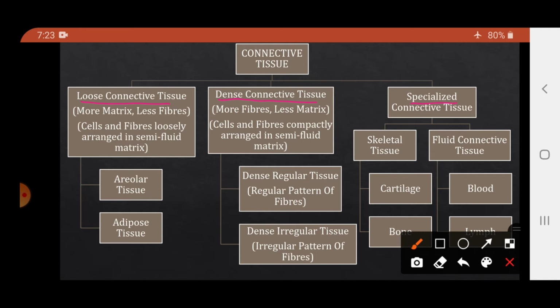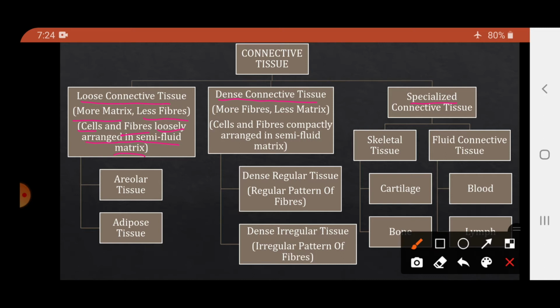What is the loose connective tissue? Here there is more matrix but less fibers. So the amount of intercellular fluid is more but the amount of fibers is less. And why is it called loose connective tissue? The cells and fibers are loosely arranged in a semi-fluid matrix. So there is a ground substance, there is a matrix.